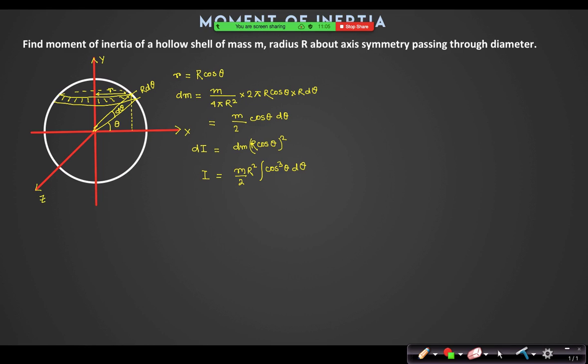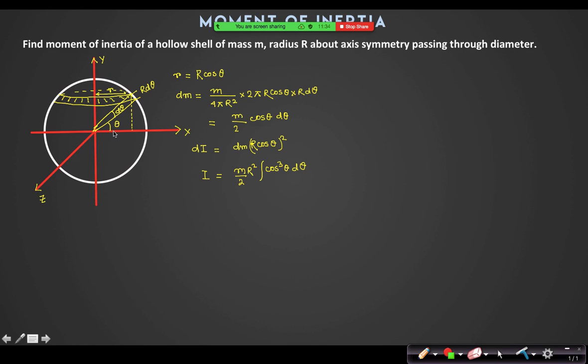Can you tell me what should I take as the limit of this integration? It's not 0 to 2 pi. It is minus pi by 2 to plus pi by 2.